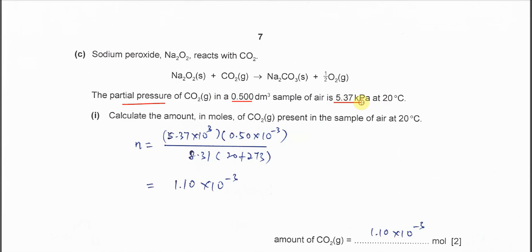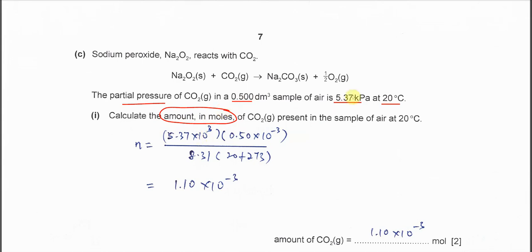The pressure is 5.37 kilopascal and the temperature is 20 degrees C. From here, you should know that you must use the combined gas law, and make sure you convert everything to standard units. So PV equals nRT because it asks to calculate moles. Therefore n equals PV over RT.